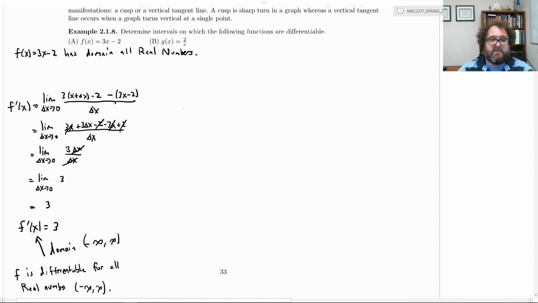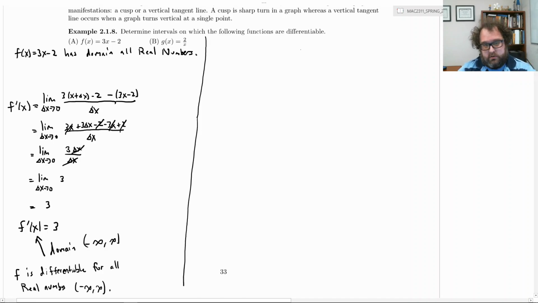So f is continuous for all real numbers. So it has domain all real numbers. The derivative has the same, and so we have that the function is differentiable. It has slope everywhere. Now let's look at example B. All right, let's separate this off.